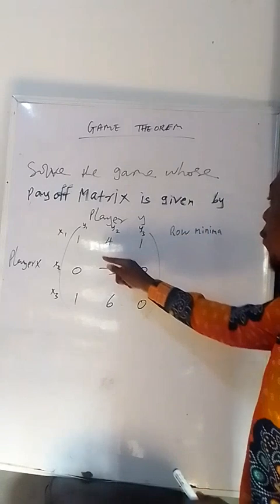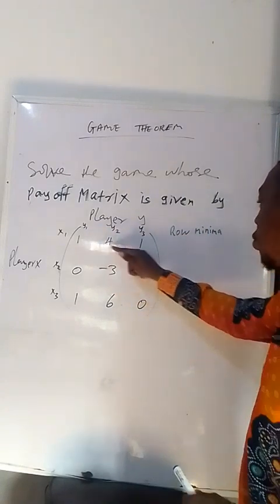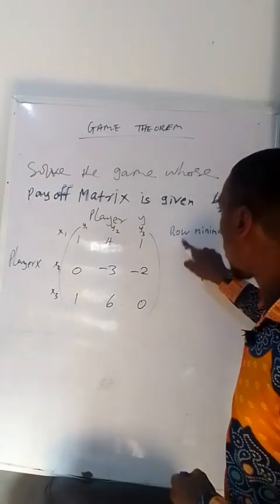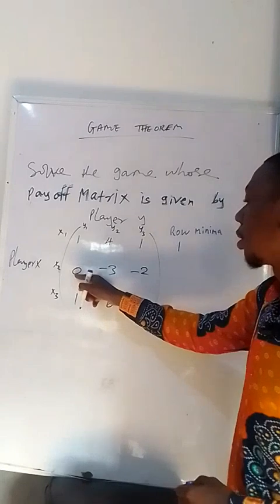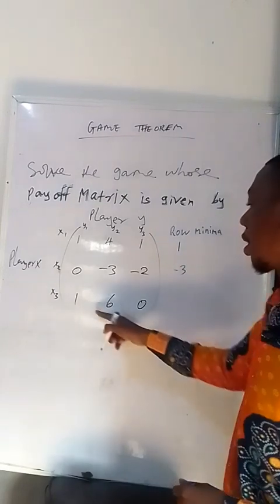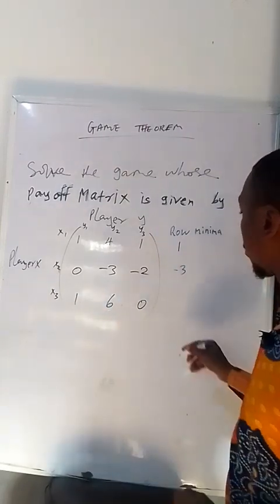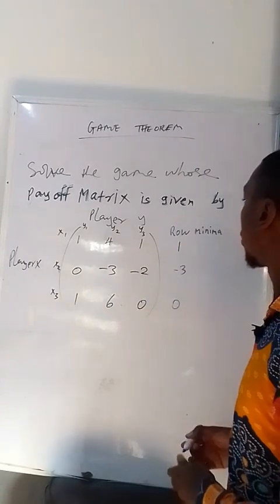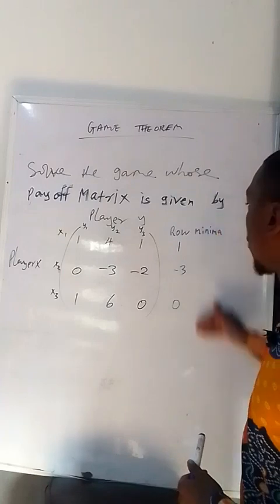If we consider this, the minimum value here is 1. At this point, the minimum value is 3. At this point, the minimum value here is 0. Now, this is all I need to consider for minimum.